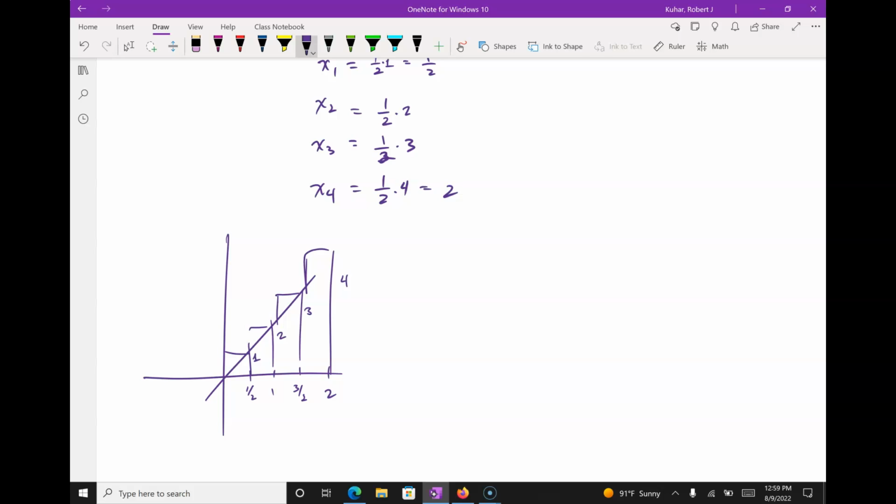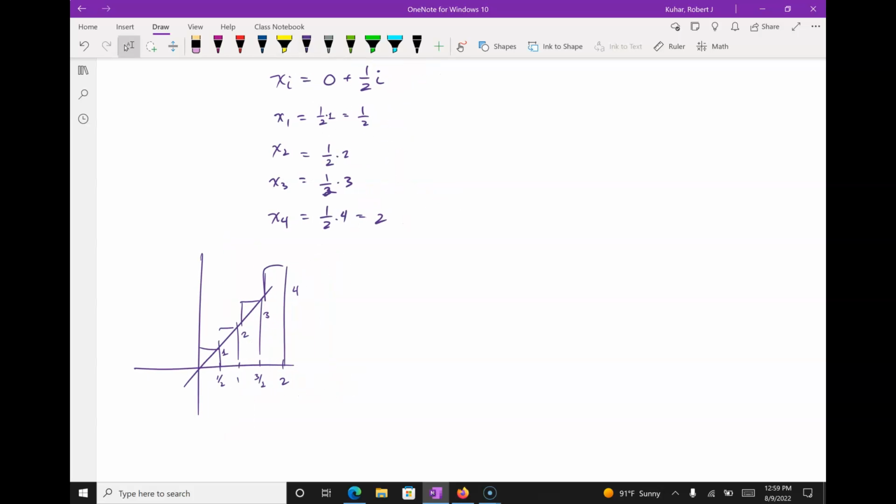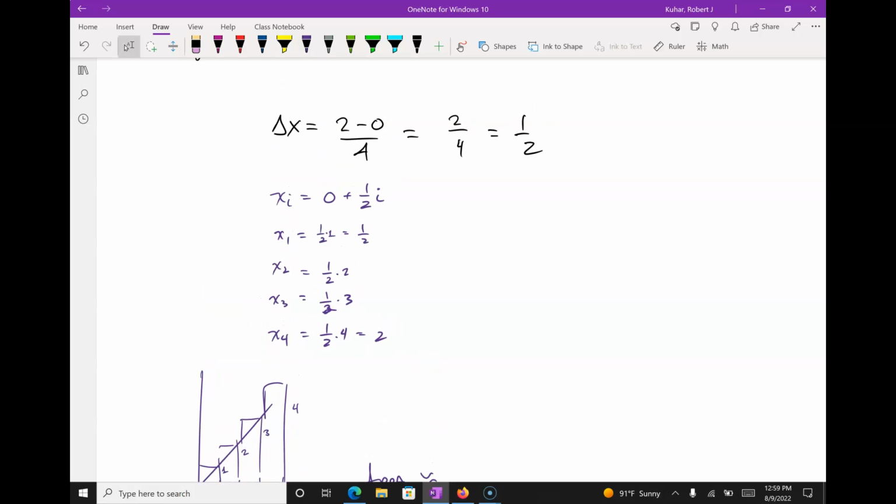I'm using 2x times my x sub i. 2 times 1/2 is 1. 2 times 1 is 2. 2 times 3/2 is 3. 2 times 4/2 is 4. So my area, how did I get it? The first x I want is x sub 1.